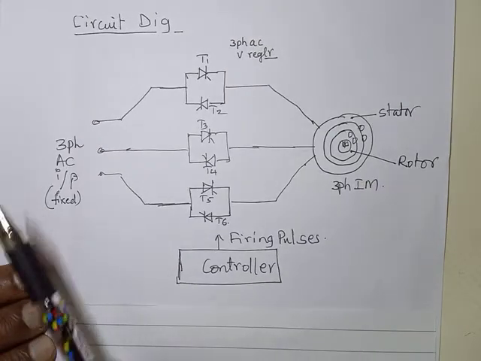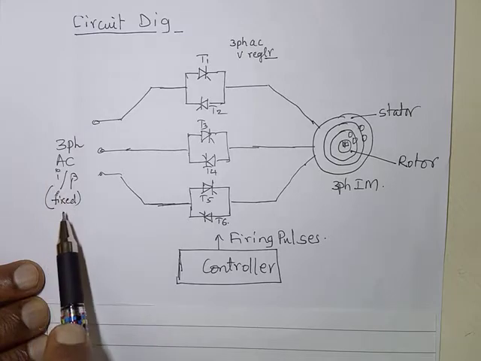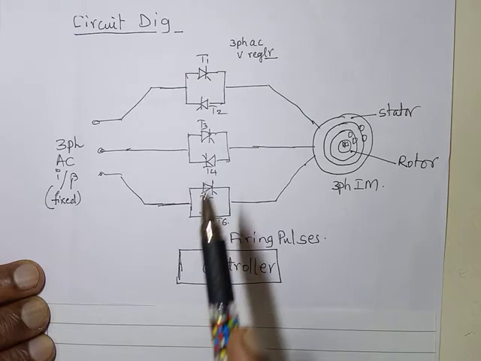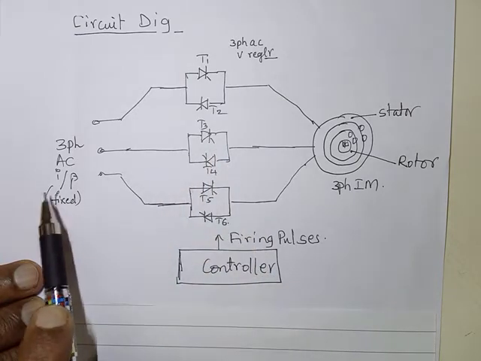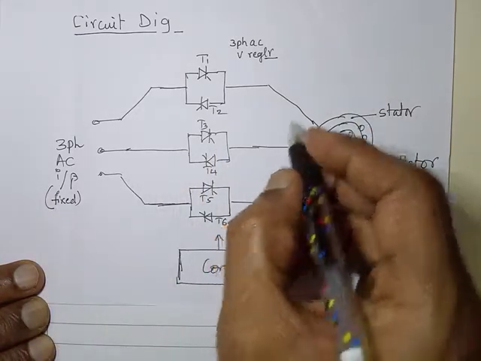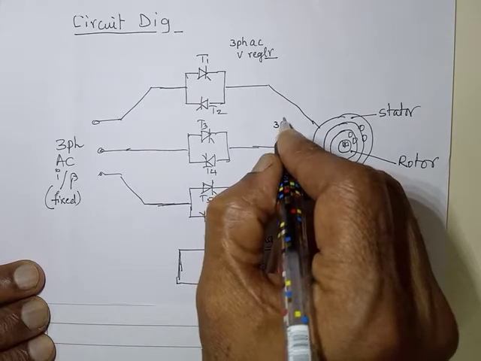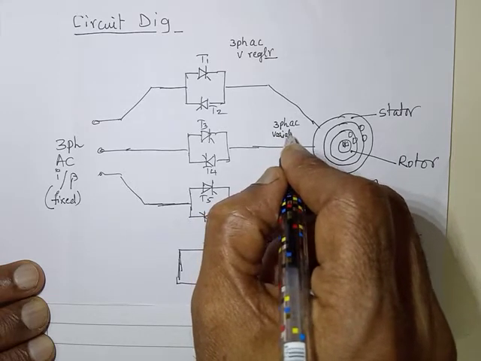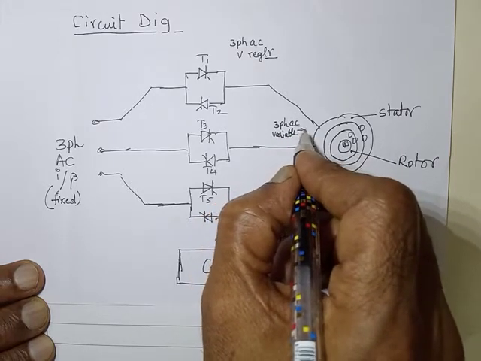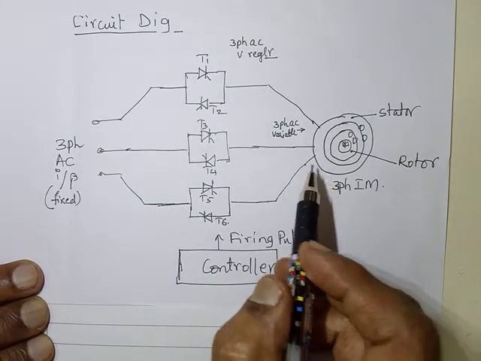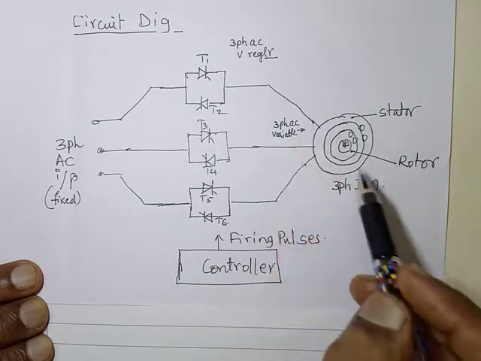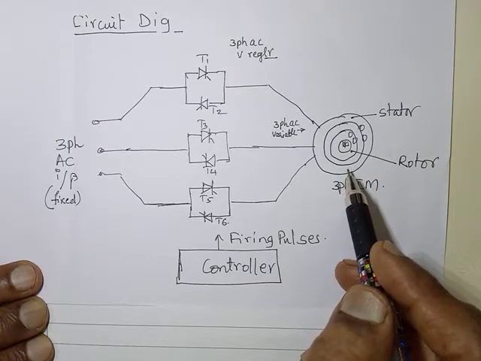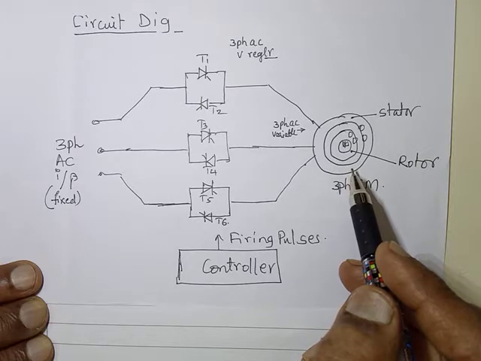So look at the scheme again. We have three-phase AC fixed, a three-phase AC regulator, which converts fixed AC into variable three-phase AC. So here we get three-phase AC variable. When we feed that to the induction motor, the voltage to the induction motor will change and its speed will change.